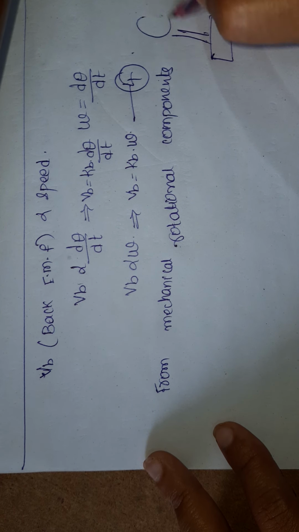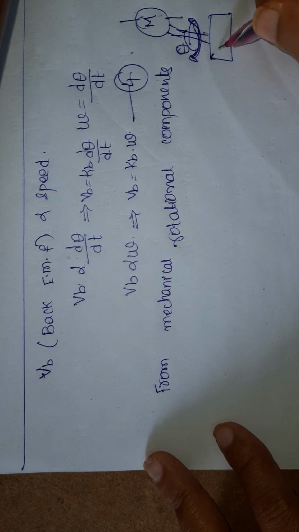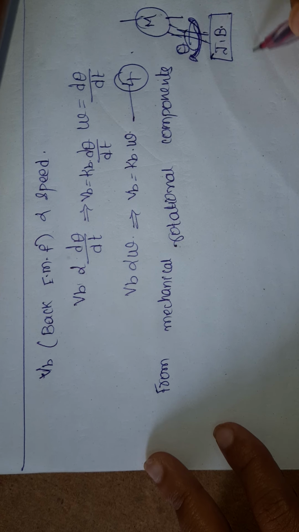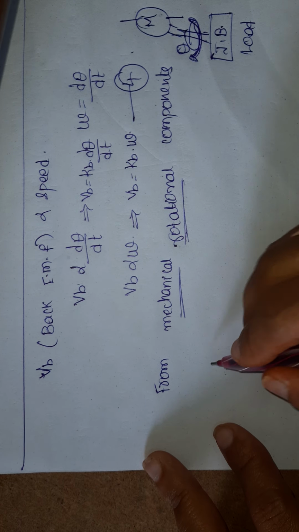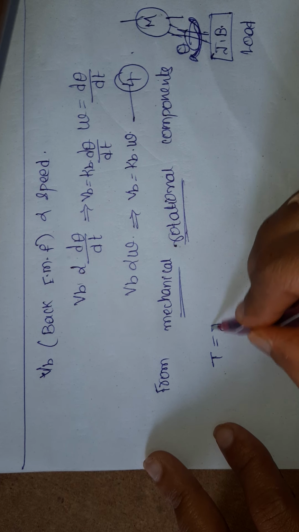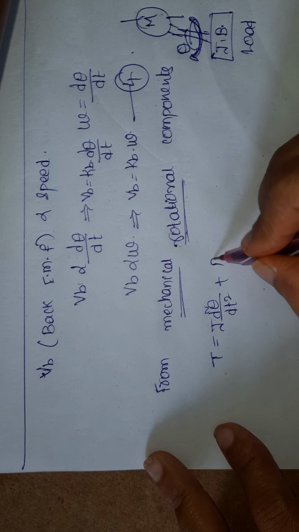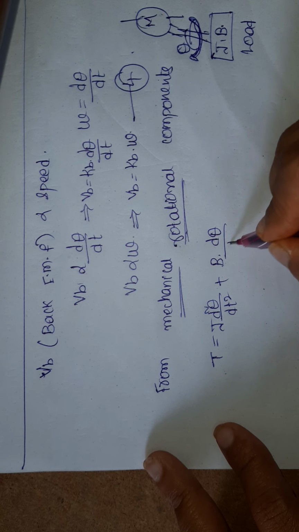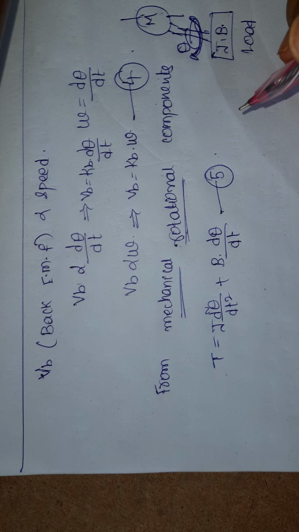Here is the motor, and to the motor this is theta. So here I am having J and B, which is nothing but the load. So J and B are mechanical rotational components. For mechanical rotational components, torque T is equal to J into d square theta by dt square plus B into d theta by dt. Consider it as equation 5.